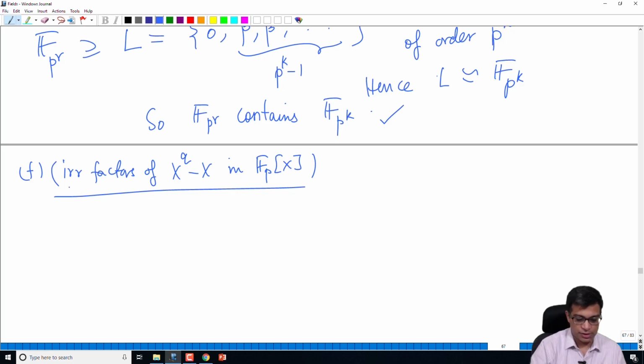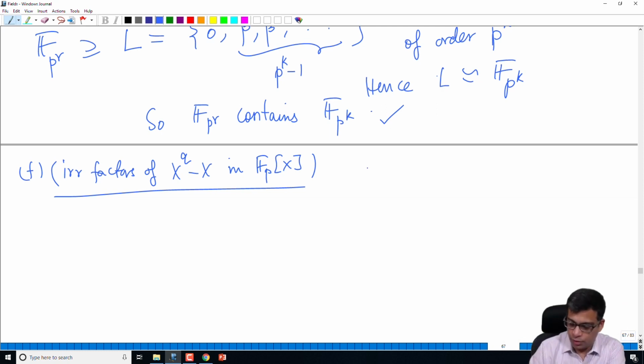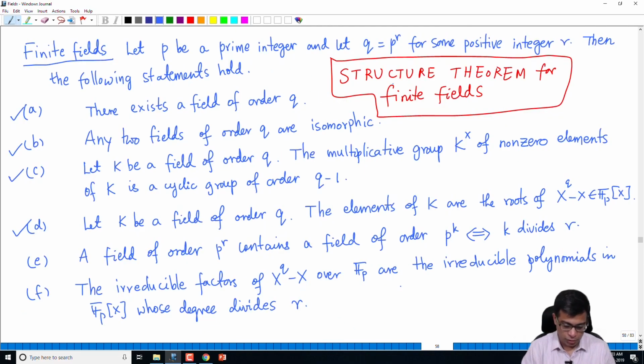Okay, so let's prove this. Let me show you the theorem. The irreducible factors of x power q minus x are the irreducible polynomials in Fp[x] whose degree divides r. Okay, so let's prove this.